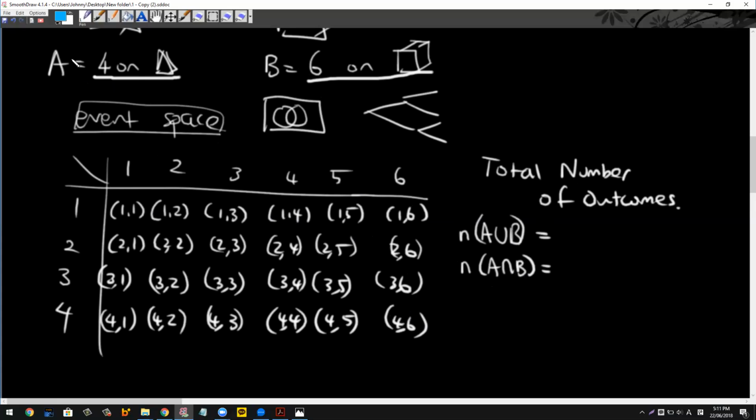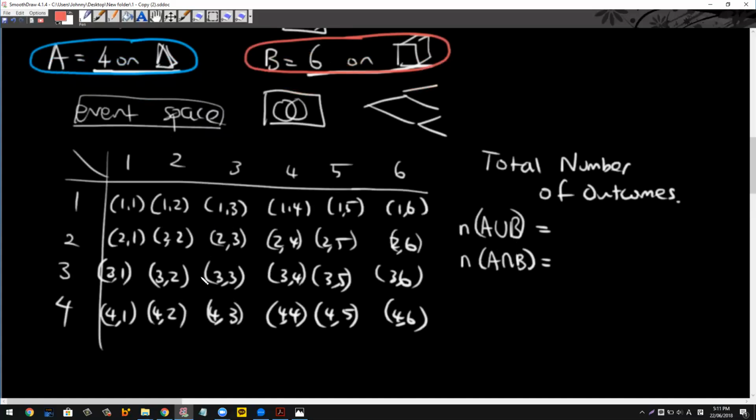So I'll show you something. I'm going to color A with blue, and B, the 6, I'll color with red. So in this case, all of these is event A. Do you understand?